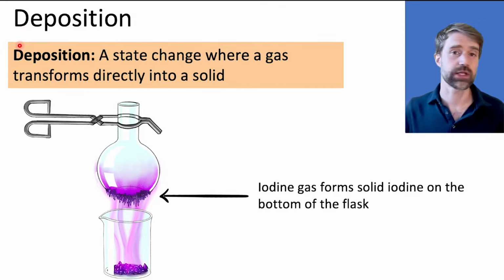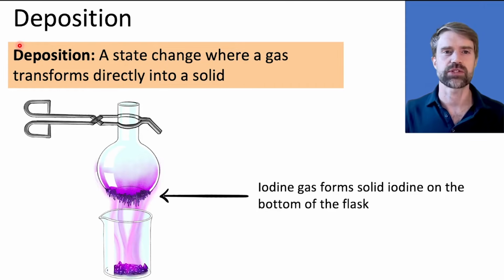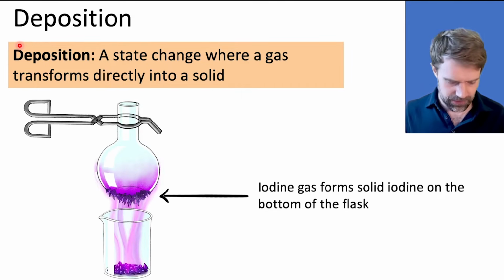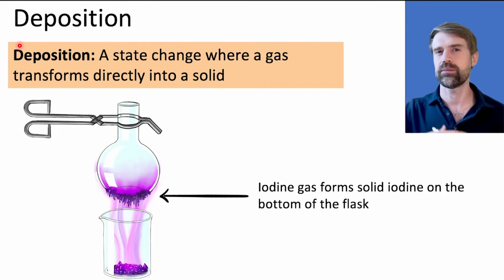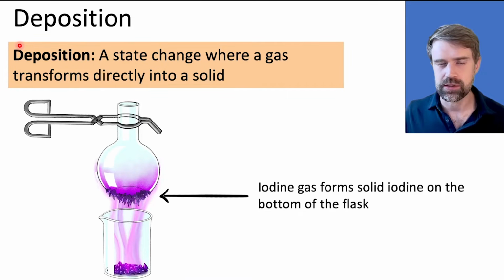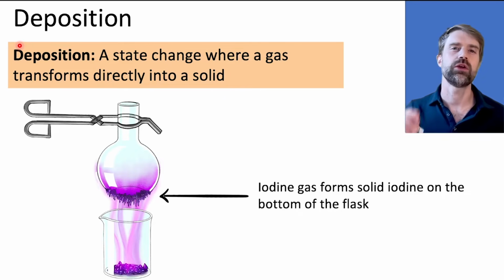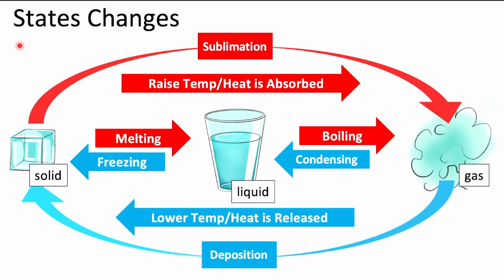Now, for whatever reason, I have no idea why, but the TEAS just loves sublimation and deposition. So many of the questions that they ask about state changes are about sublimation and deposition. So even though they're weird ones and we don't really experience them very frequently in daily life, make sure that you understand sublimation and deposition. So let's add these to our state change chart.